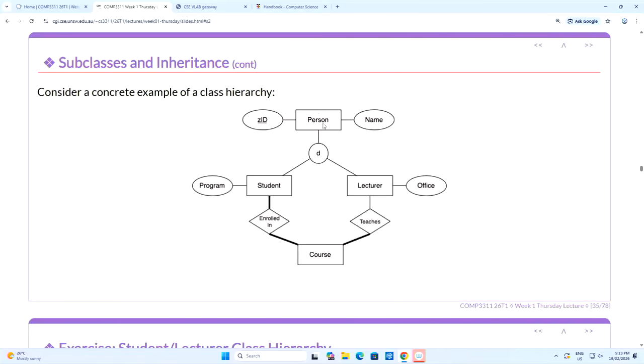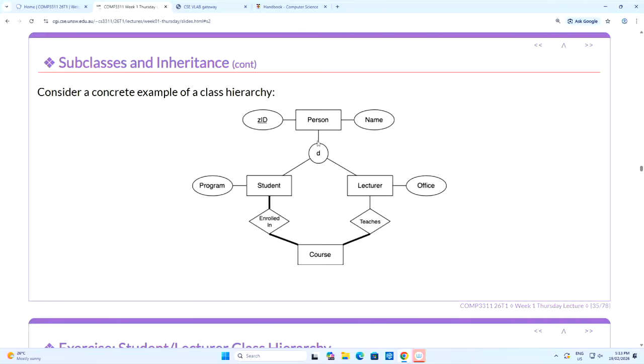Because we're all people in UNSW, and here we make it clear that a student and a lecturer are not overlapping. They are disjoint, meaning that a person cannot both be a lecturer and a student in the same university. Maybe at UNSW that's the case, but I'm not sure if that's true for other universities, but that seems generally the case.